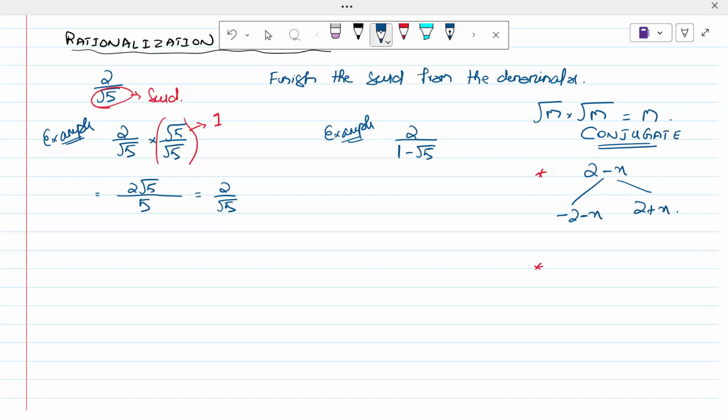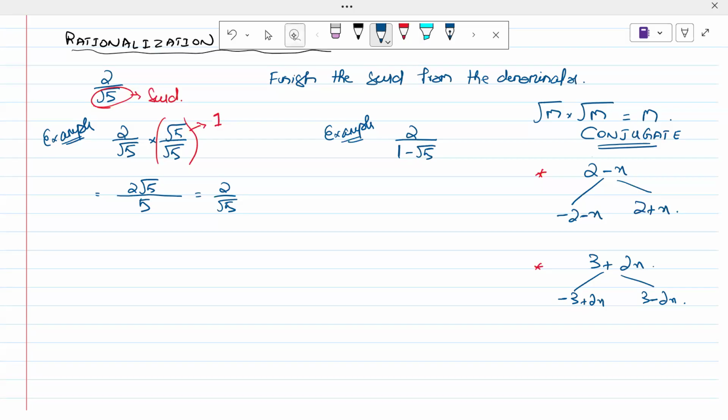What if both the terms have the plus sign? For example, we have 3 plus 2x now. The two possible conjugates here would be either minus 3 plus 2x or 3 minus 2x. So here again, for both these possible conjugates, you have changed the sign of only one of the two terms.